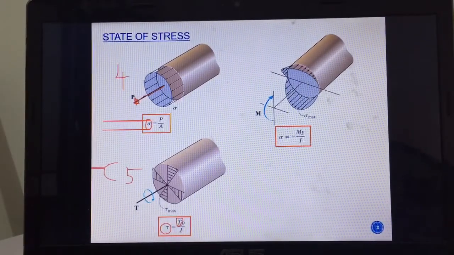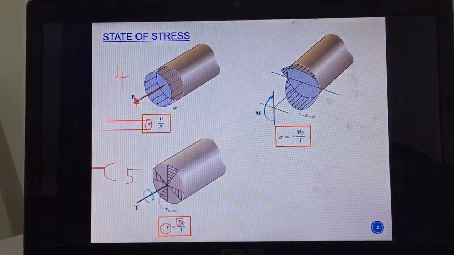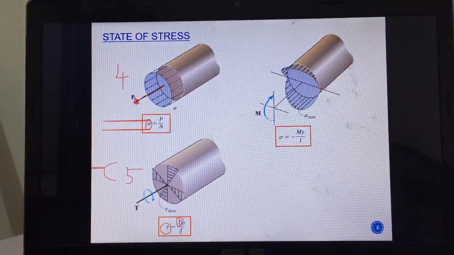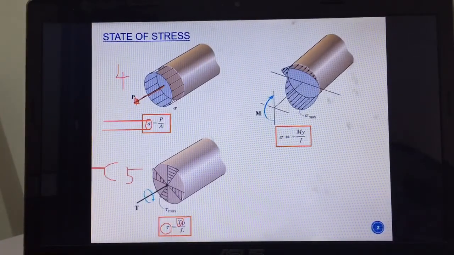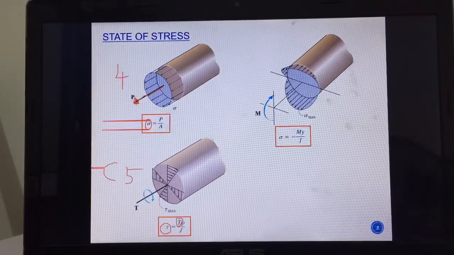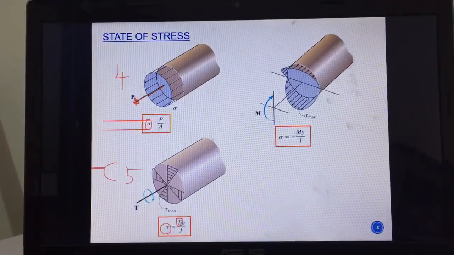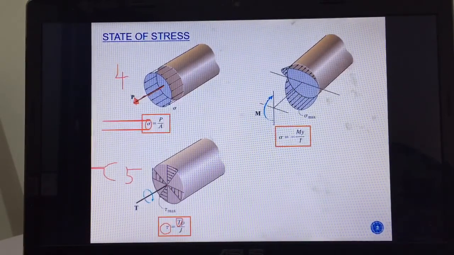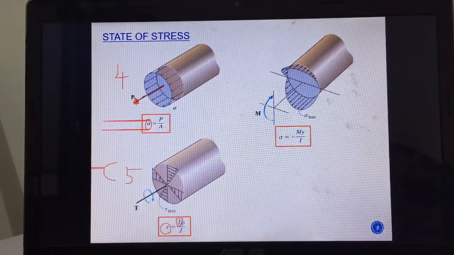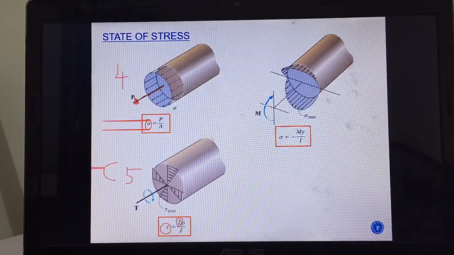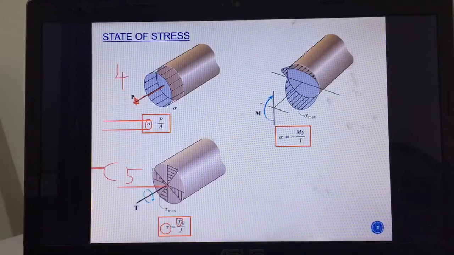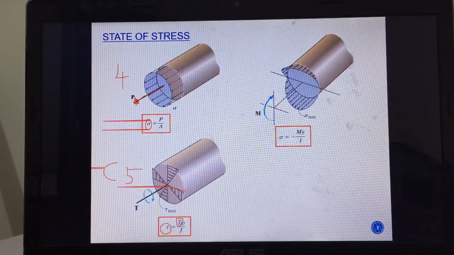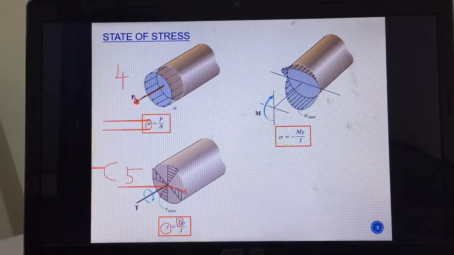But the general idea is tau equals T rho over J. What is rho? What is J? J is basically the polar moment of inertia, while rho is, again, like y in chapter 6: the distance from the center of the circle, right? So rho is 0 here, and then it becomes maximum at c, right?